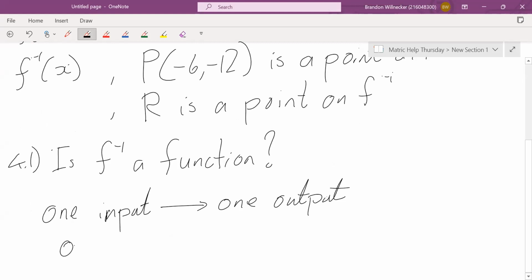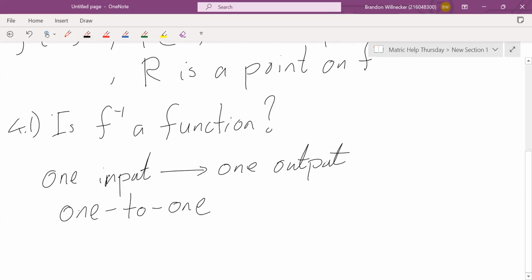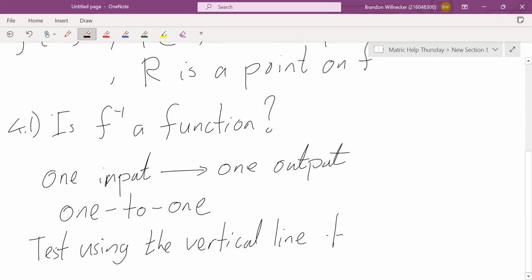Another way of writing this is saying it's 1 to 1. Okay, one input corresponds to one output. Now, how do we test such a thing? We test it using the vertical line test. Yes, you got it. The vertical line test.